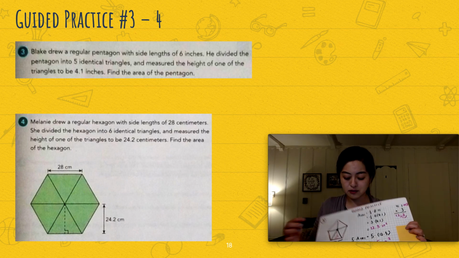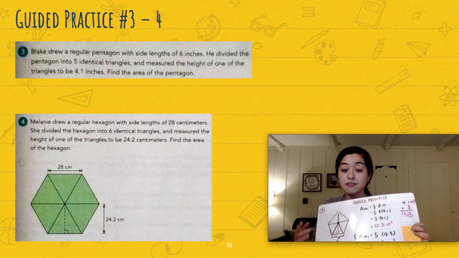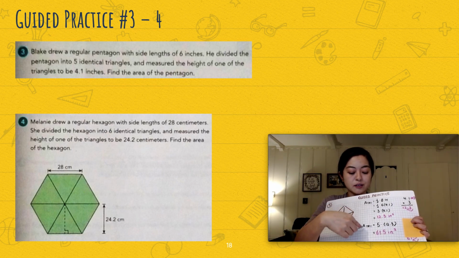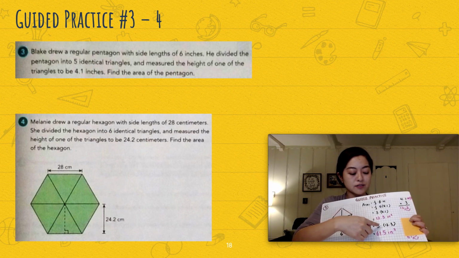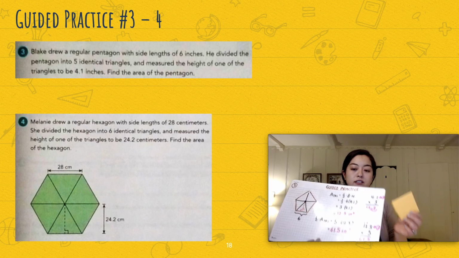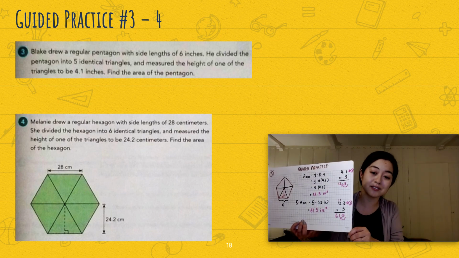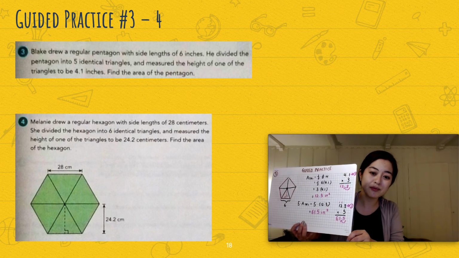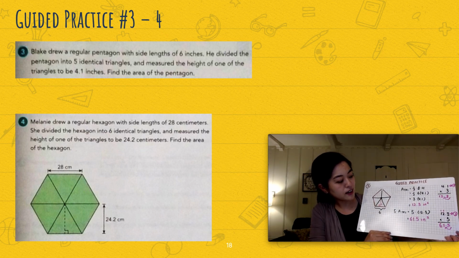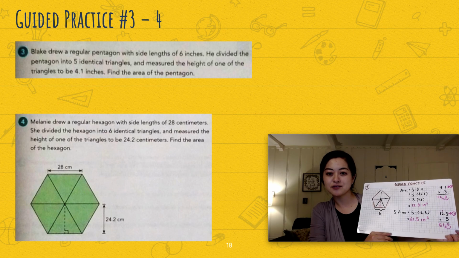There are, let's see, 1, 2, 3, 4, 5, 5 triangles. Okay, so I'm going to do 5 times the area of the triangle I found, which is 5 times 12.3. And if you're interested, I did the work over here. You can pause the video. And that turns out to be 61.5 square inches.